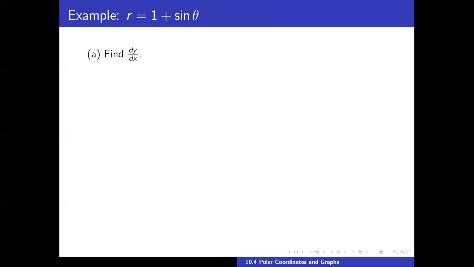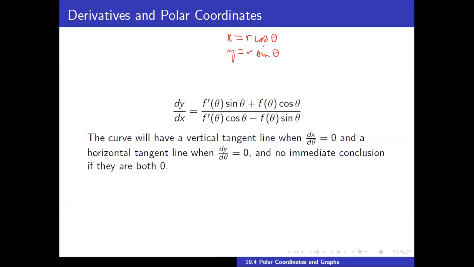So first I want to find dy dx. Remember, we're always assuming that x is equal to r cosine of theta and y is equal to r sine of theta as we convert to polar coordinates, okay? And so dy dx is given by that formula on the previous page right there, yes?